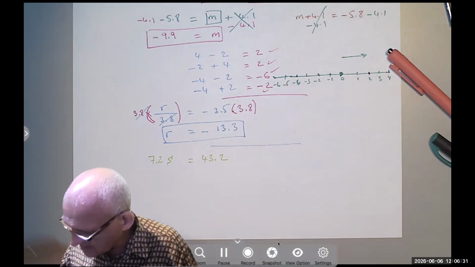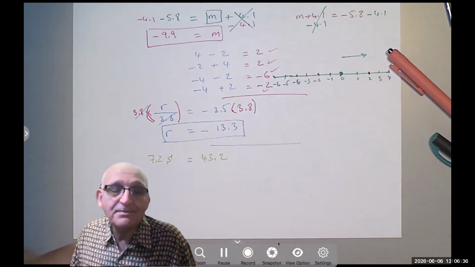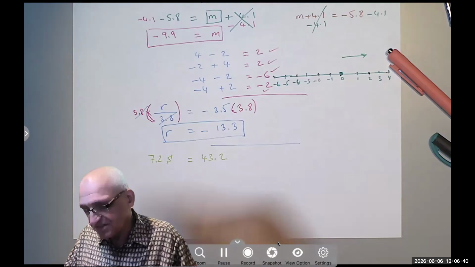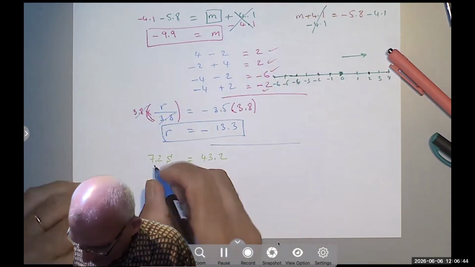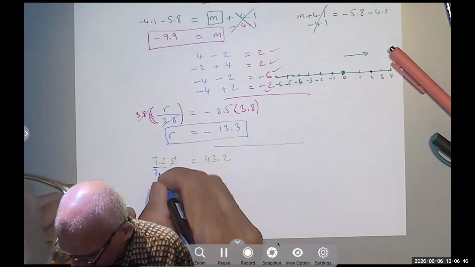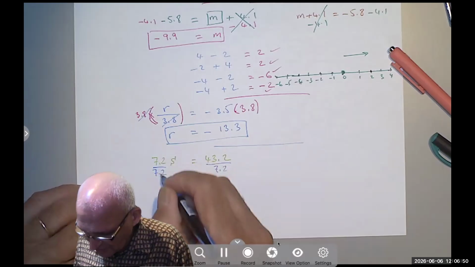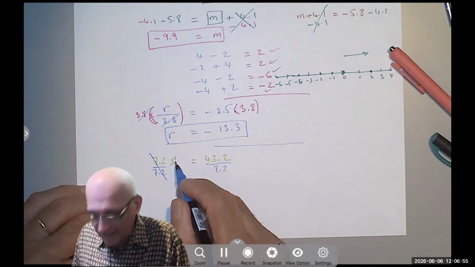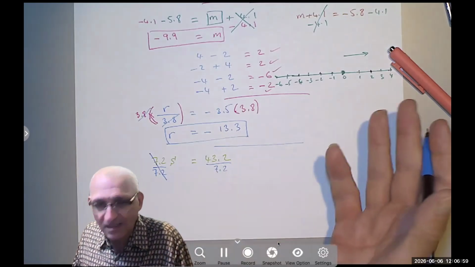Okay, so this number is multiplied by S, and I want to separate S by itself. The opposite of multiplication is division, since the opposite of division is multiplication, right? The inverse. So I'm going to divide both sides by 7.2. 7.2 divided by 7.2 is 1, and 1 times S is S. Some people write 1S, but the 1 has no meaning here, right?